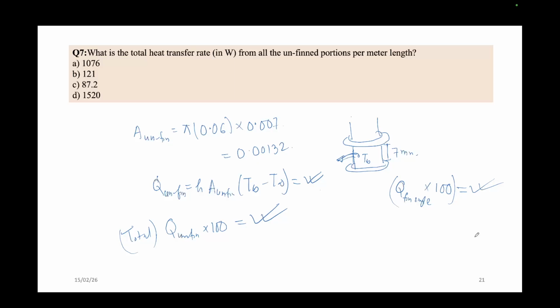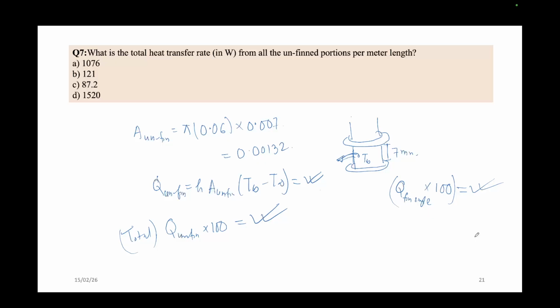Same. Because in the question it is given that 100 such spaces are there, 100 fins. So we need not think about that way. It is already fixed.